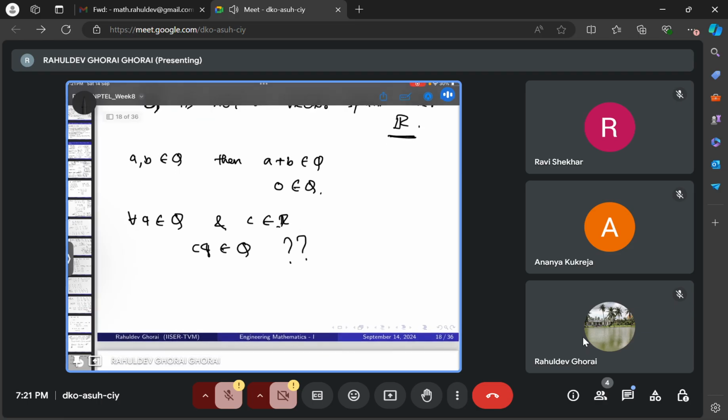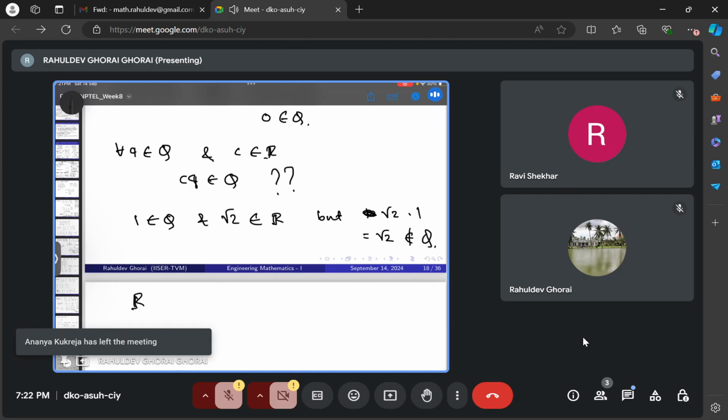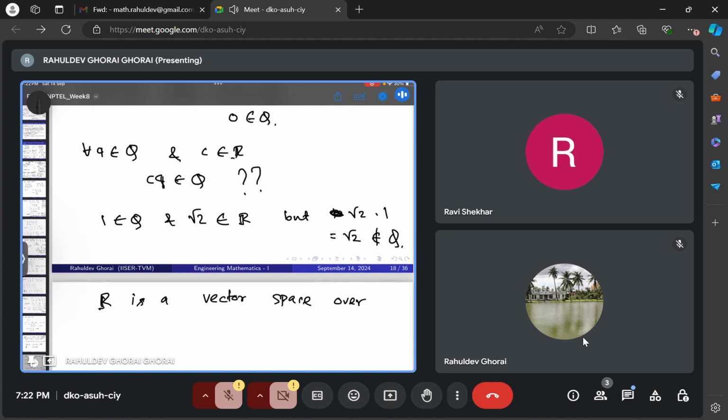Let's say I take an example: 1 belongs to Q and square root 2 belongs to R, but square root 2 times 1 is equal to square root 2, that does not belong to Q. So Q is not a vector space over R. Okay? And you can prove that R is a vector space over R.